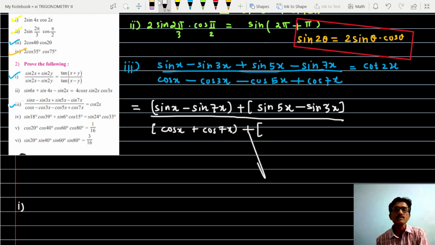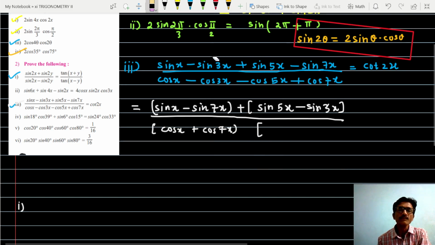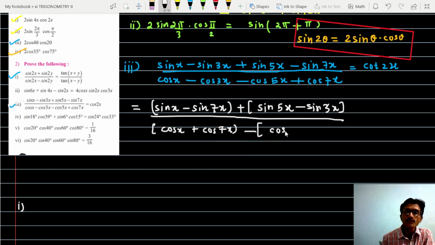After taking the minus sign common over here, what we will get is minus sign common, cos of 3x plus cos of 5x you will get.